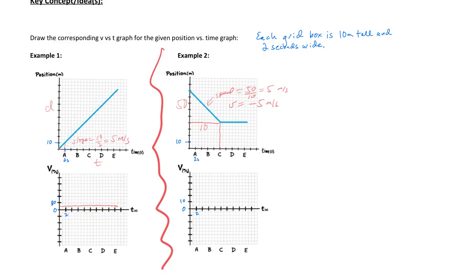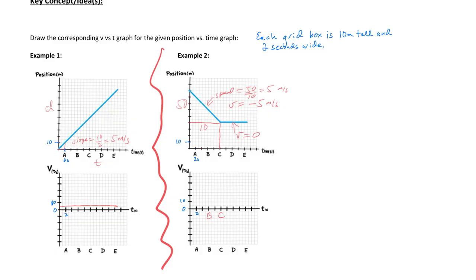And right here, the slope is 0, so the velocity is 0. So I'll have up to C, A, B, C, I'll have negative 5.